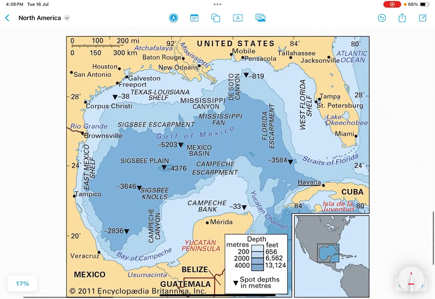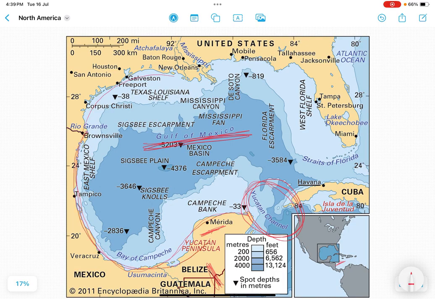Let's see the Gulf of Mexico. So you can see we have Belize here. This is Mexico. This is Belize, and this is Yucatan Channel right here. It connects the Gulf of Mexico with the Caribbean Sea. This is Mexico, and this is United States.